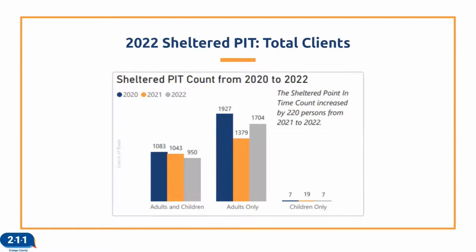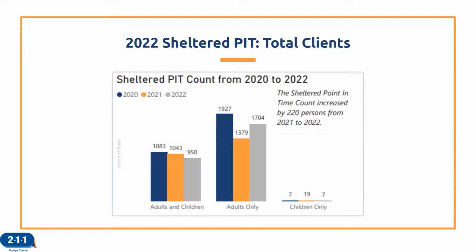This first chart is looking at the count of clients by household type over the last 3 years. So you can see for households with adults and children, there's been a slight decline in clients over the past 3 years.